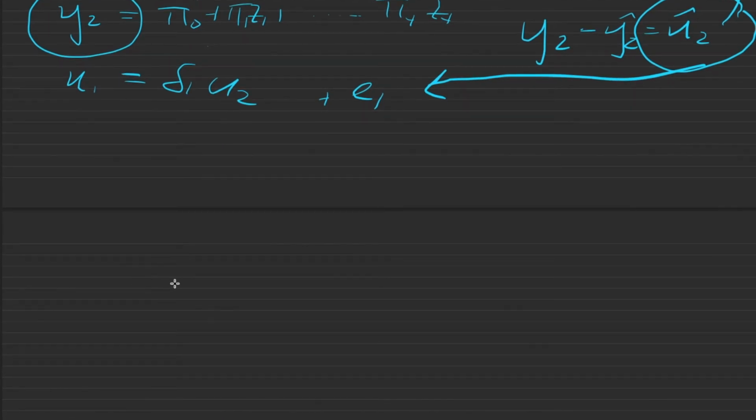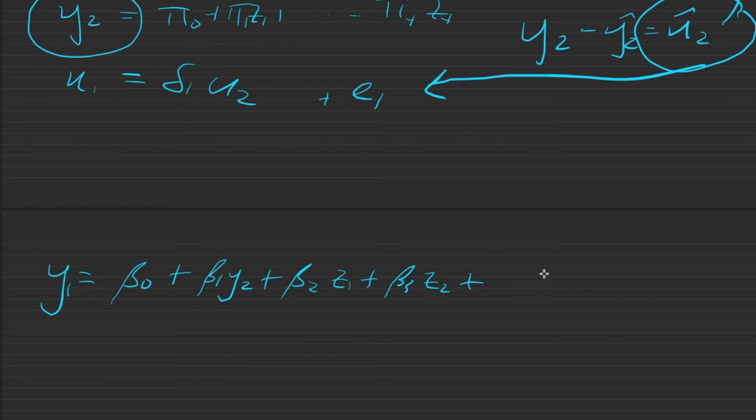That is, we have y1 equals beta naught plus beta 1 y2 plus beta 2 z1 plus beta 3 z2 plus delta 1 u2 hat plus u1, and then we test the null hypothesis that delta 1 is equal to 0.